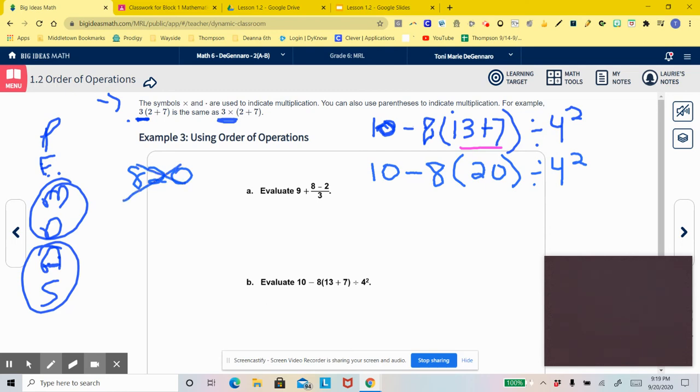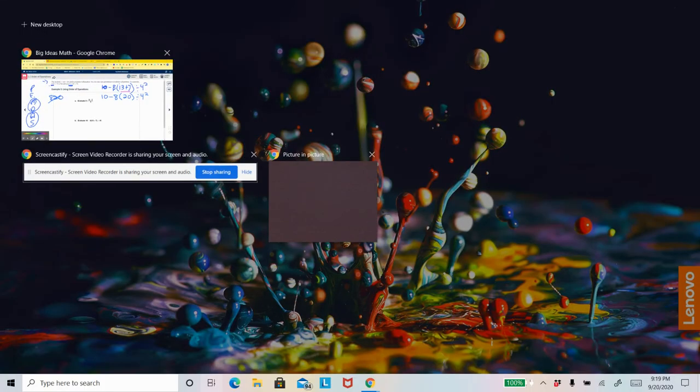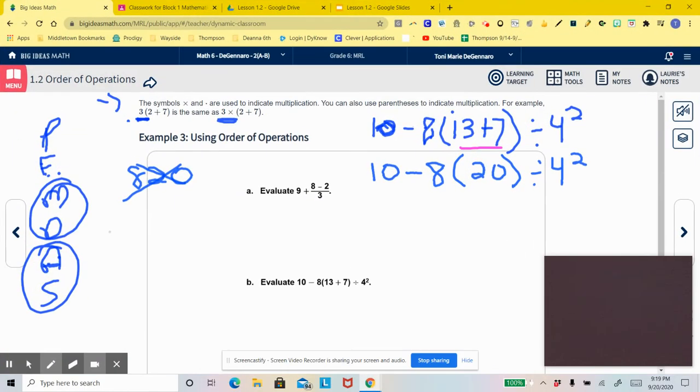All right, so next let's get our other color, and let's look. I'm looking at parentheses right here, and it's saying to do this first, but for parentheses there has to be an operation in the middle. For example, there's an operation in the middle of those parentheses, so you have to solve.